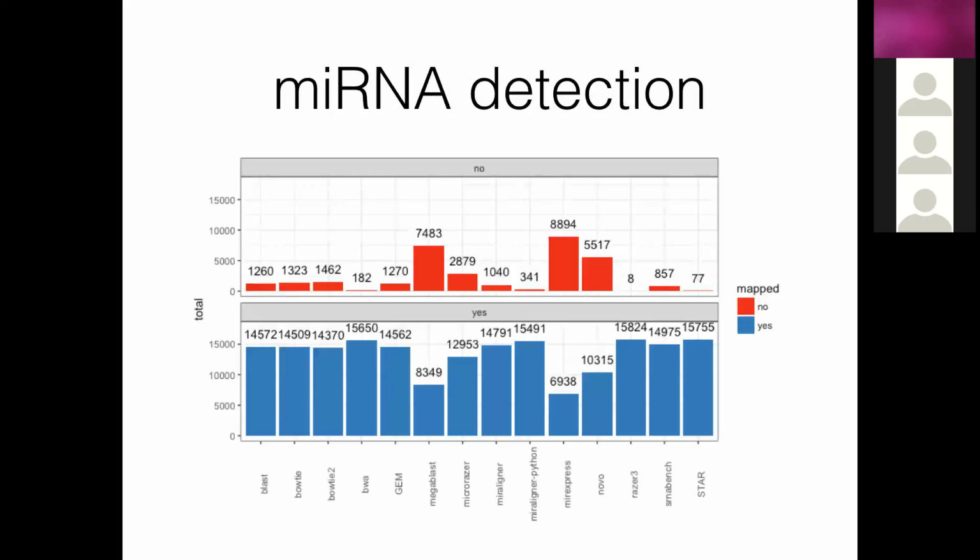So these are the ones that are mapped or not. In general, more or less everything maps the majority. I would say that all of Bowtie, Bowtie 2, BWA, GEM, STAR, all those that are used for other data, perform quite well. And then we have others that, well, no alignment. I tried to set up to get the best alignment, but I didn't spend more than one day trying to tune the parameters.